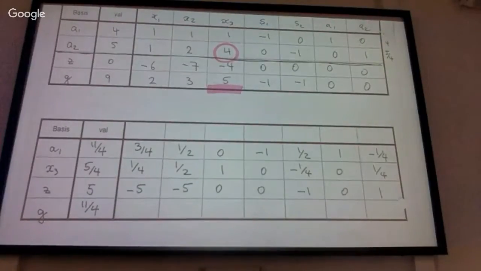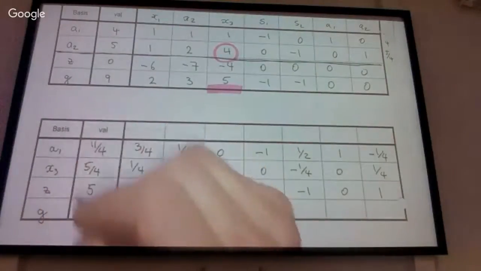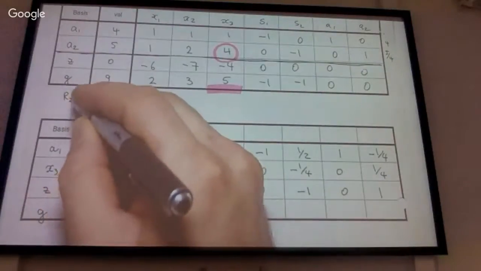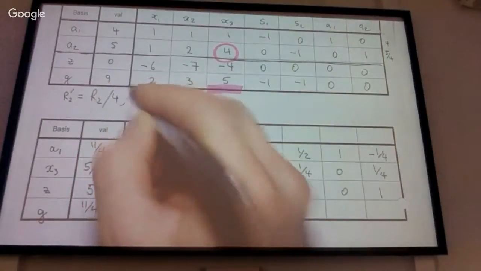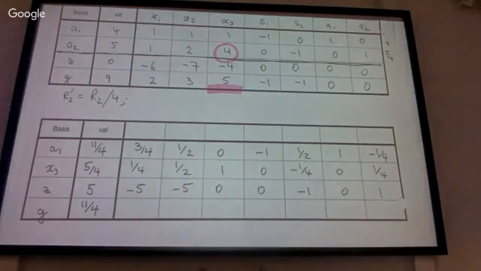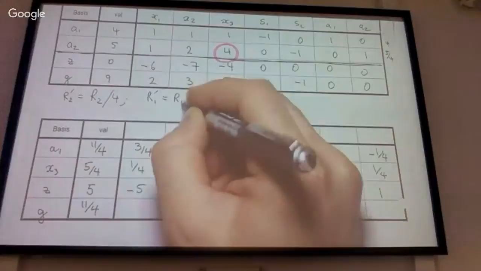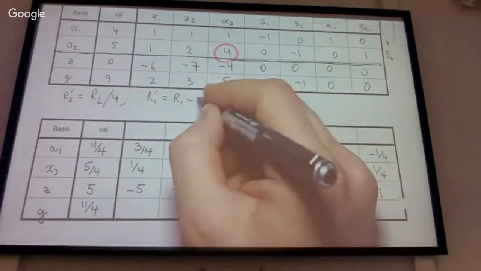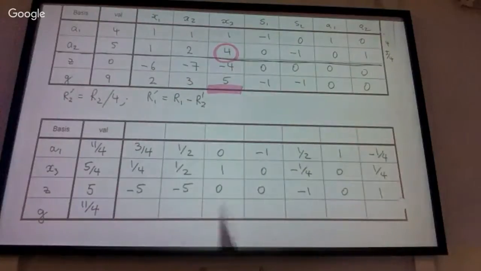So here the new second row is the old second row divided by 4. The new first row is the old first row take away the new second row, because like this, I'm achieving the 0 there without destroying this 1 over here.